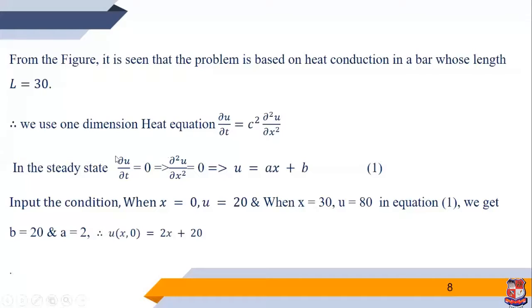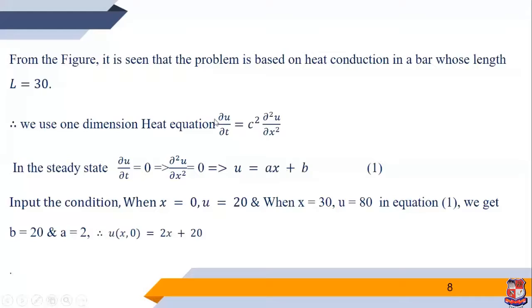So del u by del t is equal to 0. So we can say c square del square u by del x square is also 0, so del square u by del x square is 0. That implies, integrating 2 times, we get u is equal to Ax plus B.